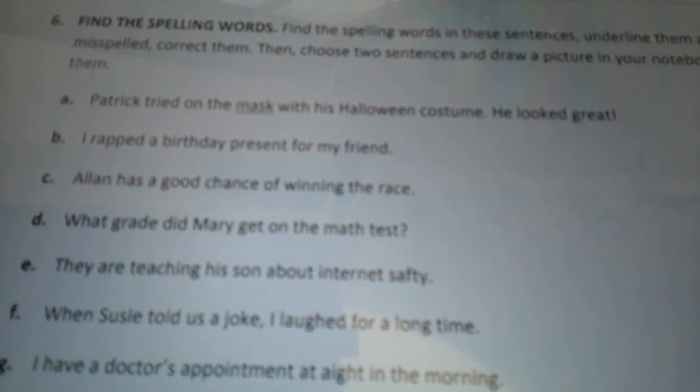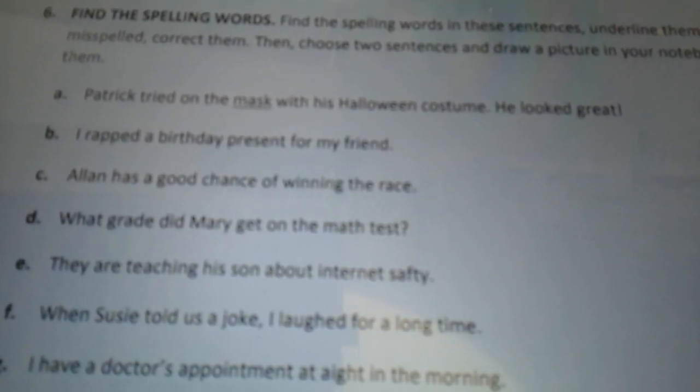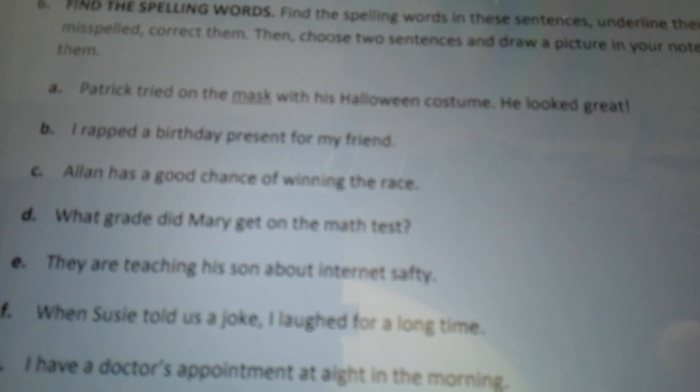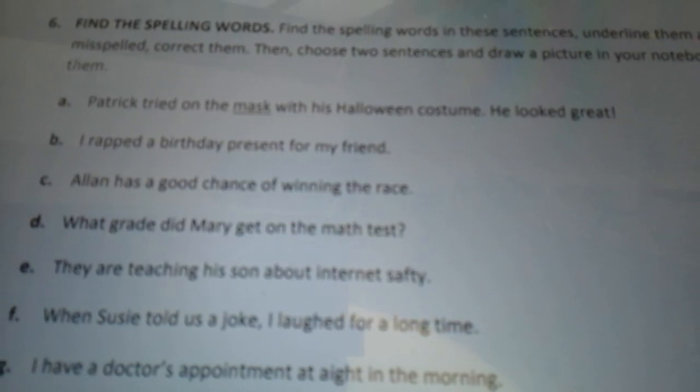Patrick tried on the mask with his Halloween costume. He looked great. I wrapped a birthday present for my friend. And it's not I sang, I rap. It's I wrapped. Alan has a good chance of winning the race.